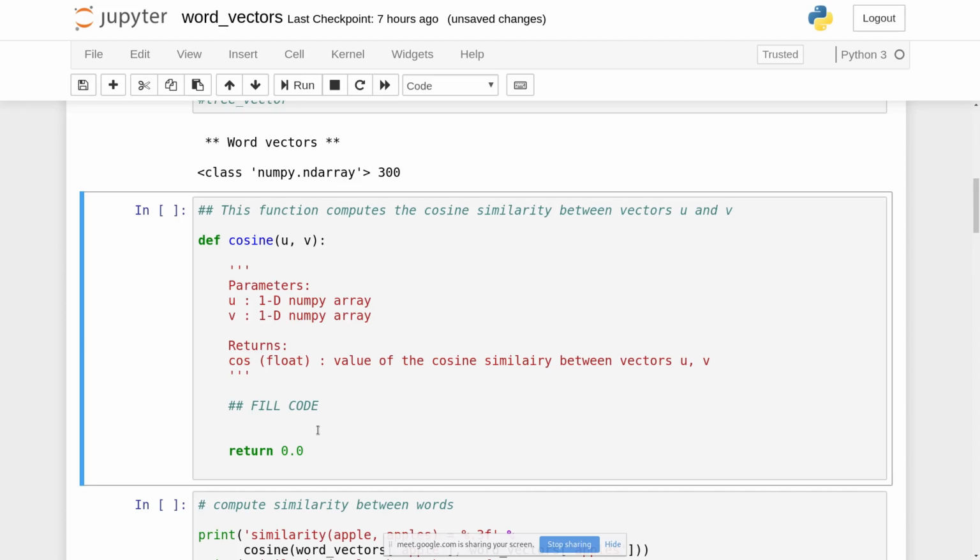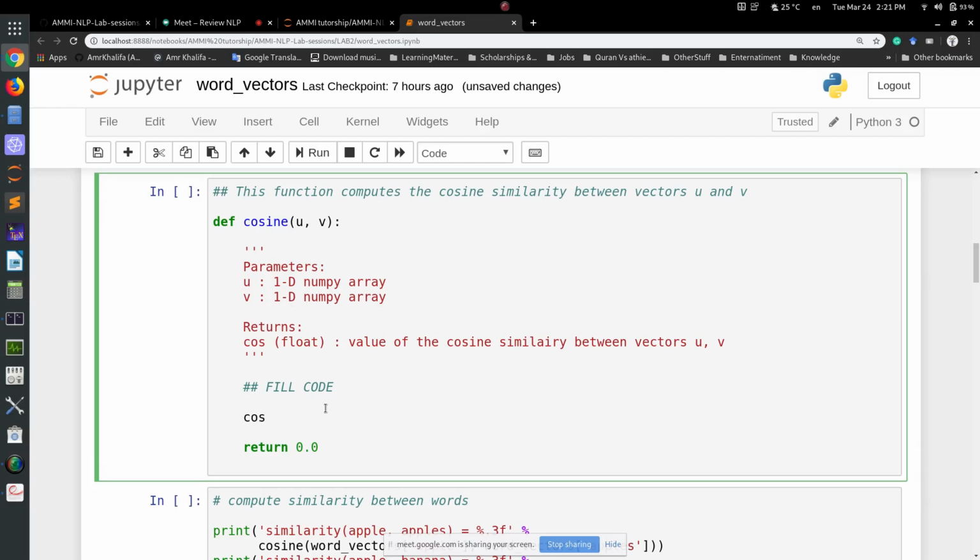You know how to find the cosine between two vectors. You're going to do the dot product between the vectors and then scale it by the norms of these vectors. So it's going to be np.dot, which computes the dot product between two vectors, and then we're going to divide it by the norm of u multiplied by the norm of v.